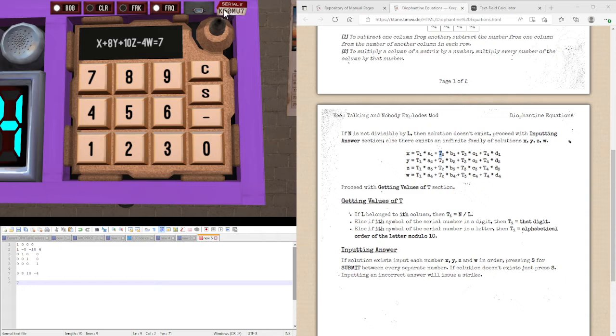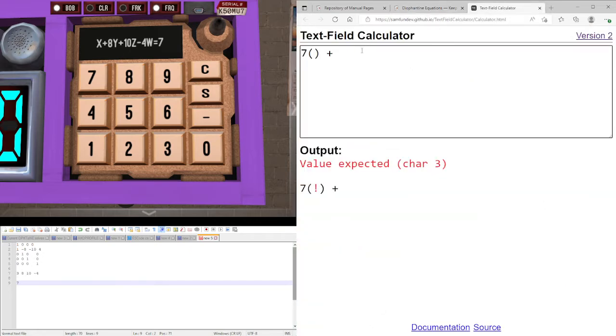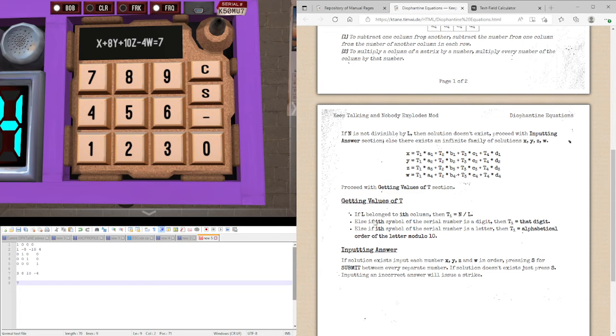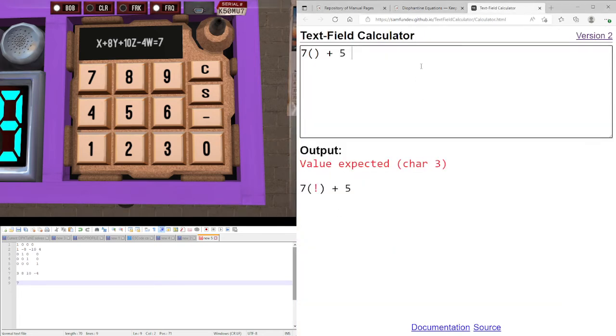The second character of the serial number is a 5, which is a digit. So T of that one is just going to be the number, so 5. T3, well, that is a 0. So technically we wouldn't have to put it in, but I'm going to do it just for consistency's sake.